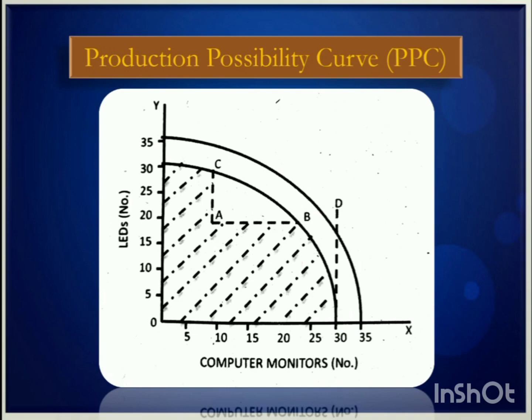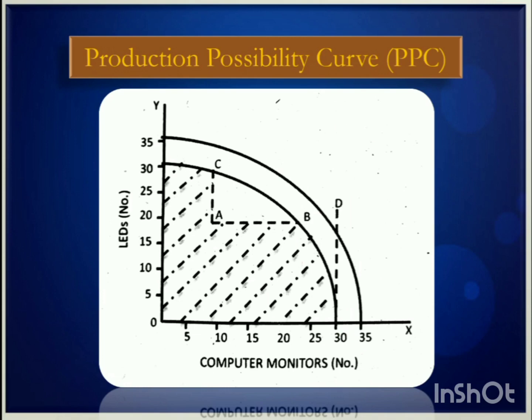The economy can produce any combination of L and M represented by a point either on the PPC or in the shaded area of the diagram. Production combinations represented by the shaded area imply that the economy can produce either L or M or both.